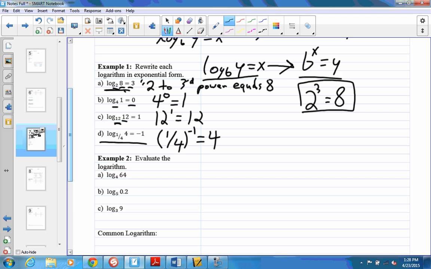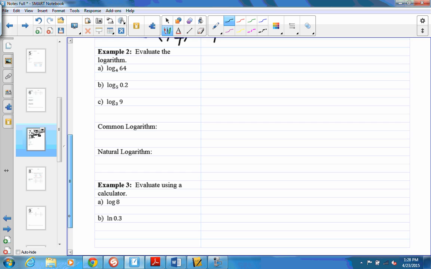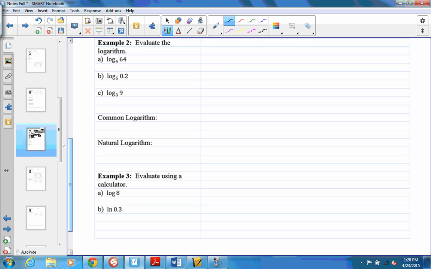So evaluating logarithms. This is more, guys, where we start doing math with logs. That's just to get the definition. So notice there's no equal signs here. We're missing those, right? Evaluate the logarithm. So log base 4 of 64. So this is asking me 4 to what power equals 64.